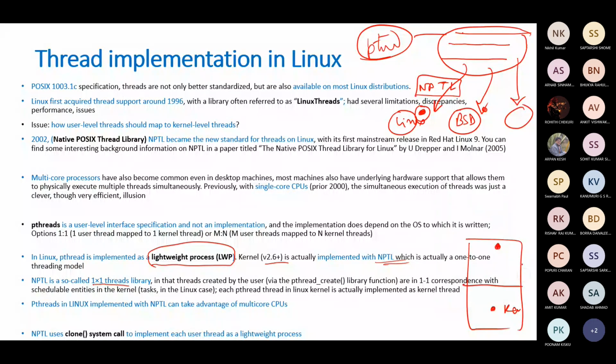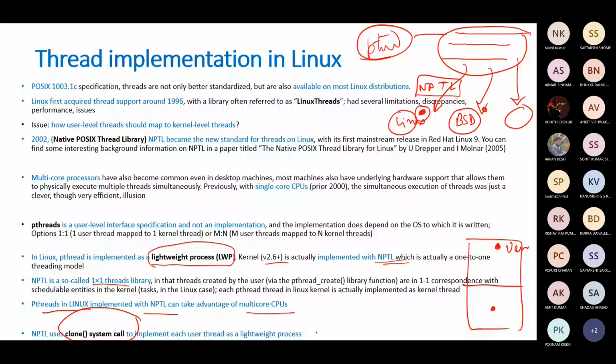Okay, and pthreads in Unix implemented with NPTL can take advantage of multi-core CPUs. And the last point to note is that NPTL uses the clone system call to implement each user thread as a lightweight process. That is the important point to note.